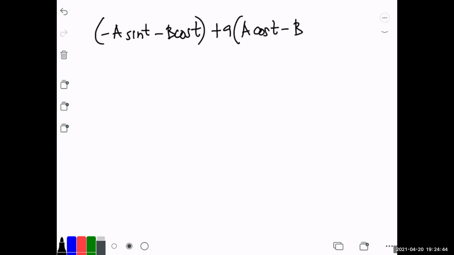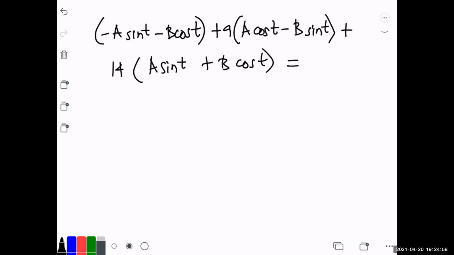So I'm writing it out. Negative a sine of t minus b cosine of t plus 9a cosine of t minus b sine of t, and then plus 14a sine of t plus b cosine of t, and then equal to our voltage, or the right hand side, will be 1 half sine of t.